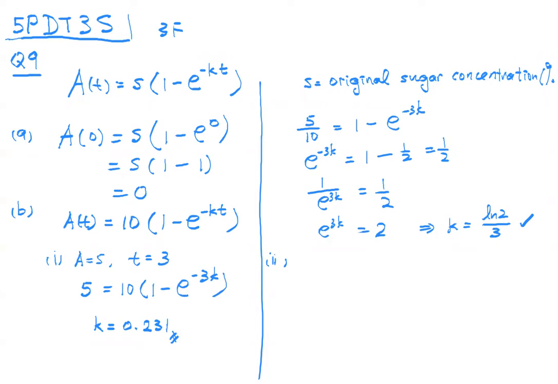Speed of reaction means rate of change of A. If you study chemistry, you will know that speed of reaction means the rate of reaction. Sugar turning into alcohol is called fermentation in chemistry.